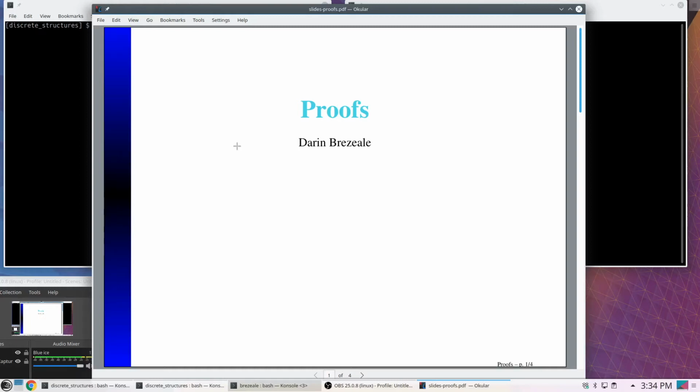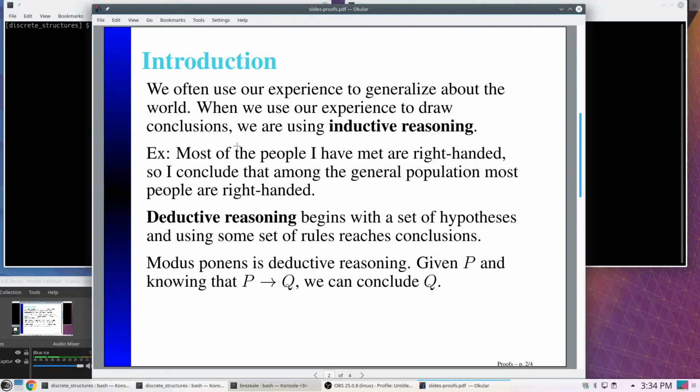Now we're going to look at our next major topic, and that is how do we prove things, right? So one of the things to keep in mind is that as humans, the way we learn things is often through experience. And so we may take our experiences and generalize from that. And when we do that, we're performing what's called inductive reasoning.